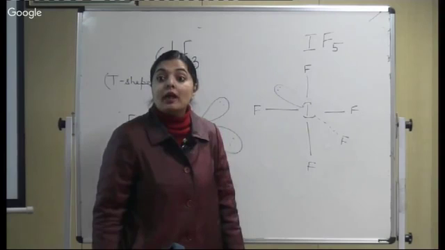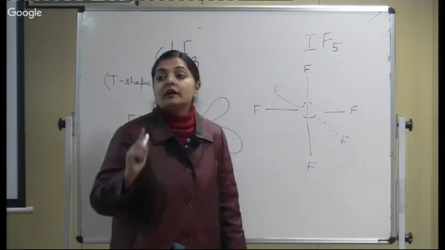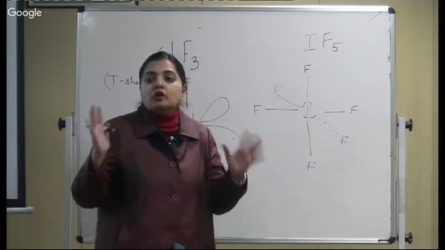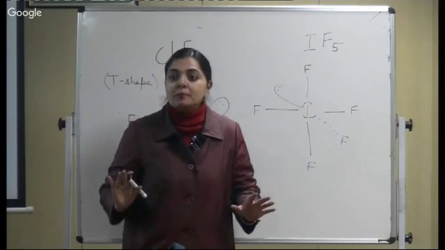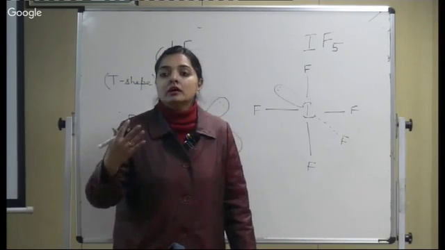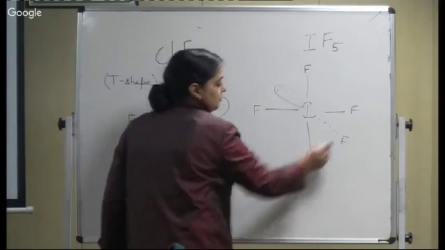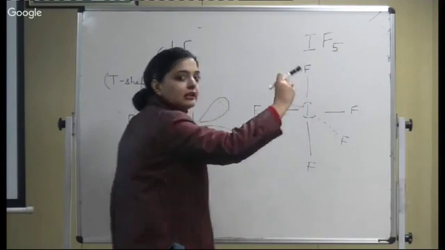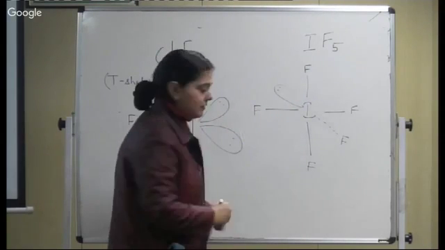It will be square pyramidal. A lone pair will never be taken up in geometry because a lone pair cannot be seen. It's not an atom. It's free electrons, a pair of free electrons. So it never takes part in the geometry formation. So it will be a square and a pyramid coming from the outside fluorine. Fine. It will be square pyramidal.